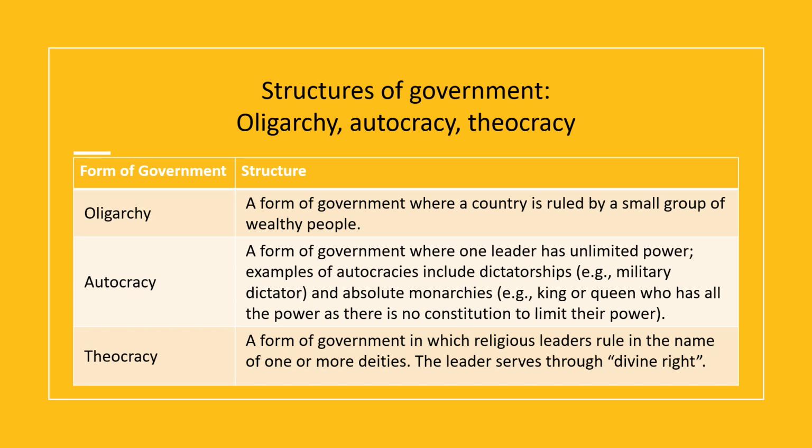And this leader serves through what is called divine right, meaning that God or many gods gave this person or these people the power that they have to govern outside of the religious institutions, but also within political and governing institutions.